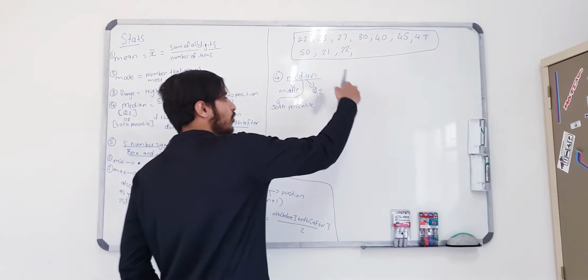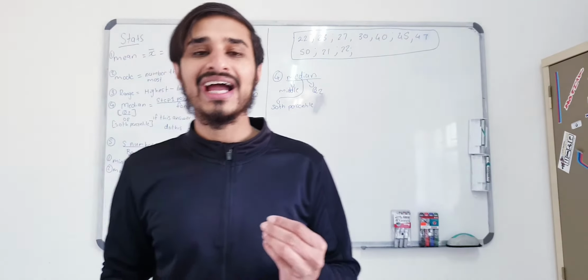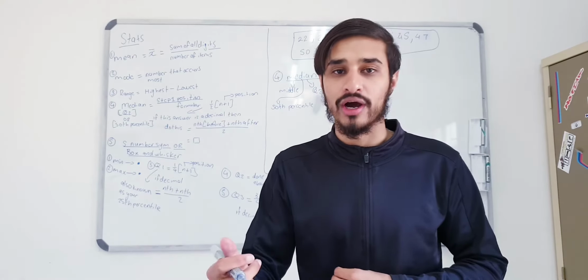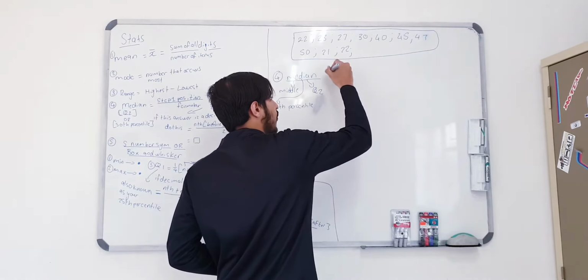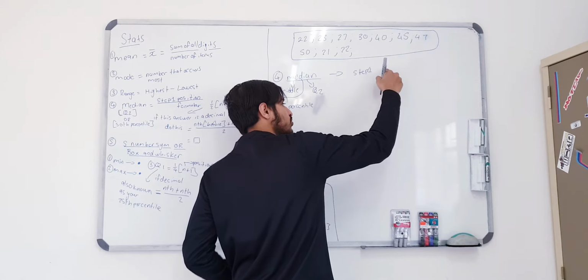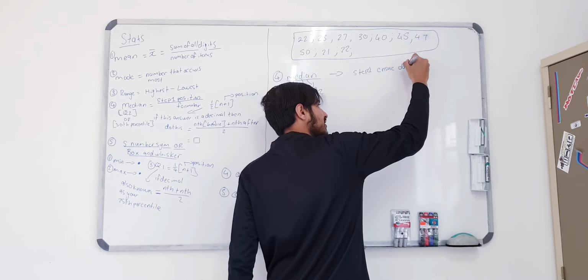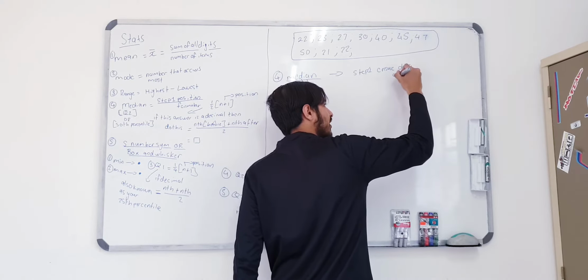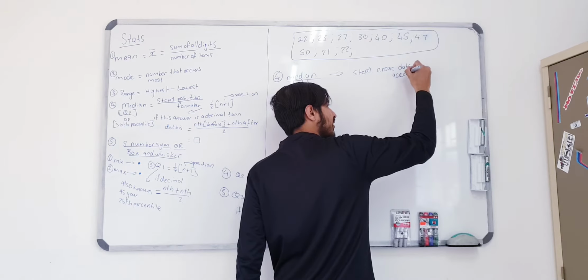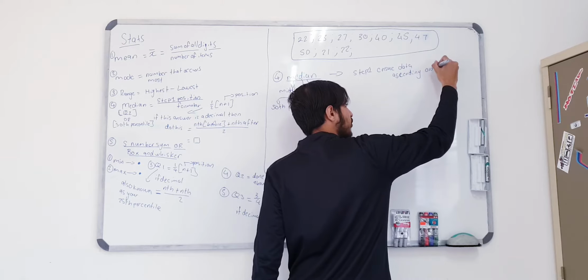Right. Now before you do a median, you need to ensure that your data is in ascending order. So, step number 1 before you answer a median, right? Step number 1 is to ensure data is in ascending order. Ascending order. Now let's have a look at this.